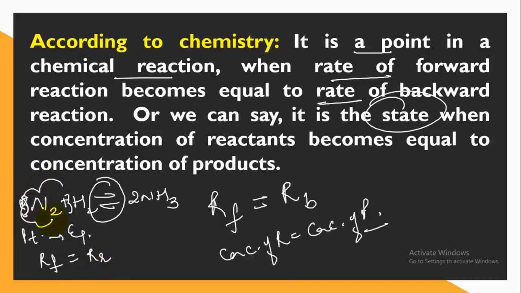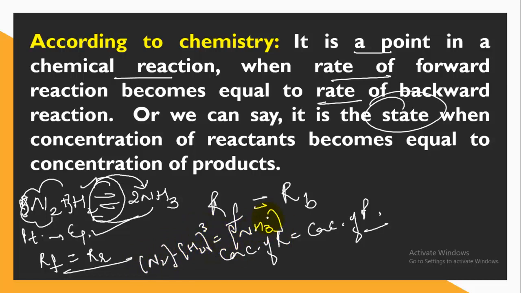That is, the rate at which N2 and H2 combine to form ammonia becomes equal to the rate at which ammonia is dissociating back into nitrogen and hydrogen. That point is called equilibrium. At this point, the concentration of nitrogen and hydrogen will be equal to the concentration of ammonia formed. So the concentration of reactants becomes equal to the concentration of products.